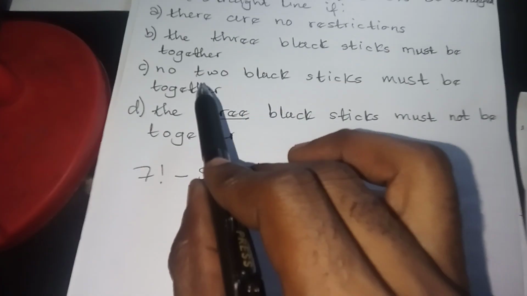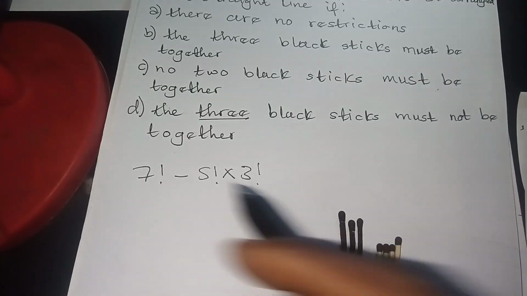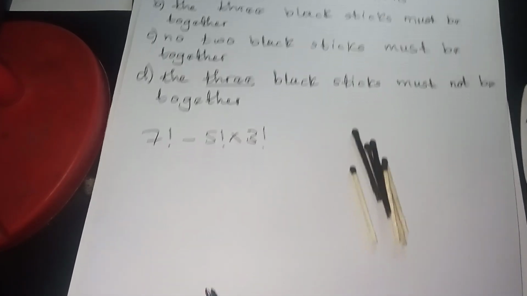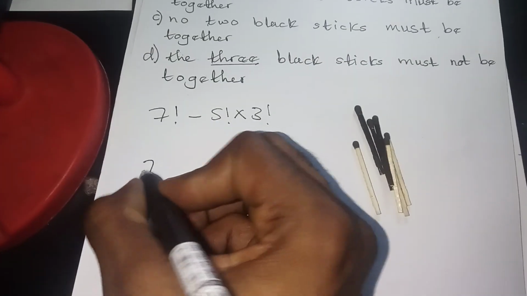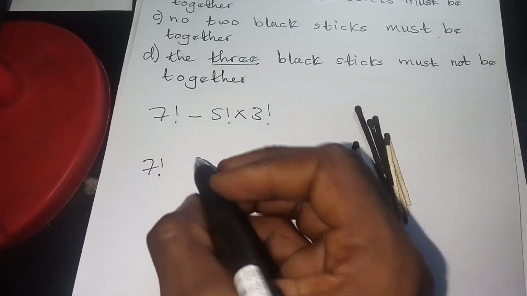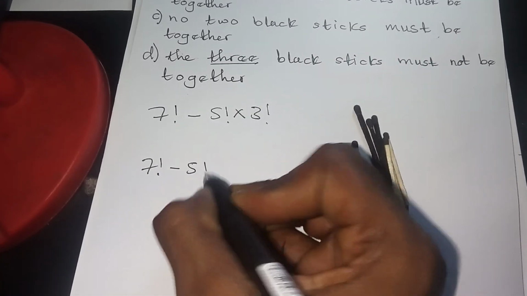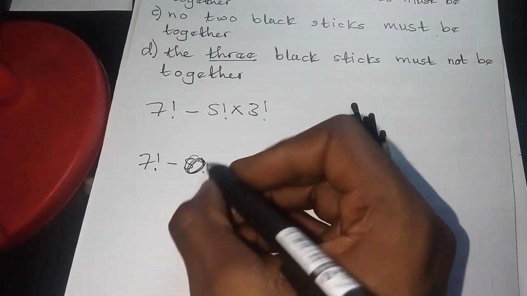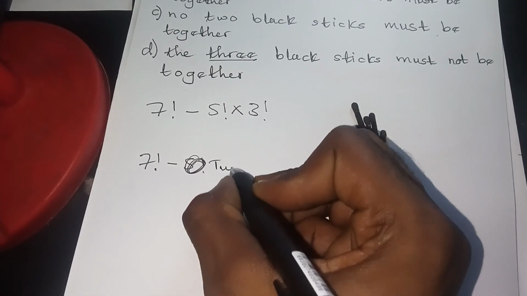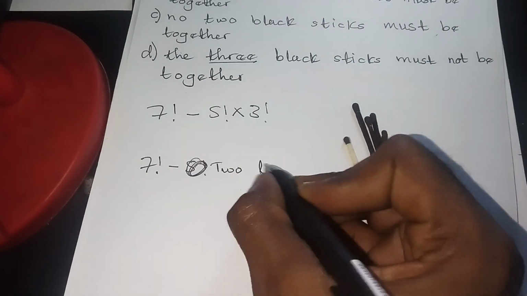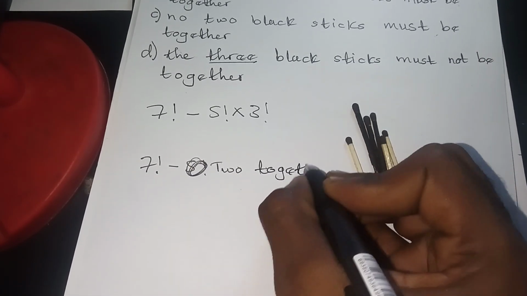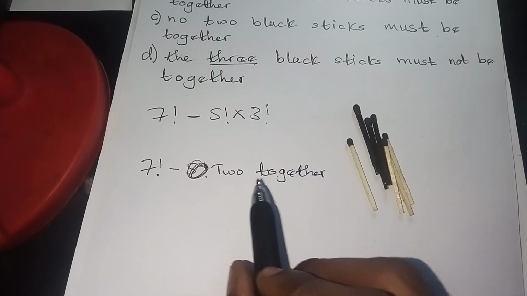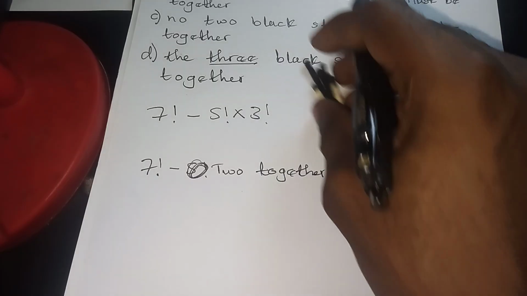If the case was talking about 2 black sticks, you can't use this, because in this case, it means you have to subtract from the total ways the number of ways in which the 2 sticks are together. So 2 sticks together. And then remember, this is not the only case where 2 sticks are together.